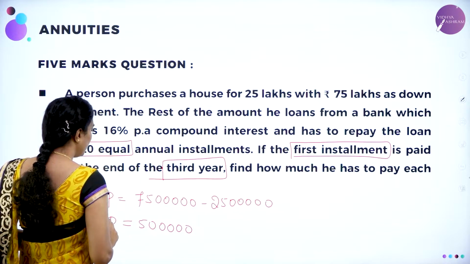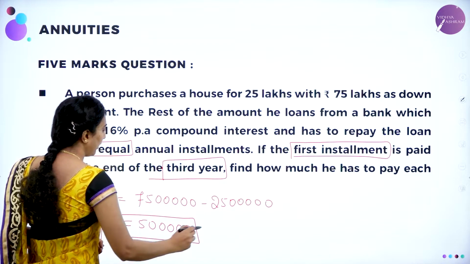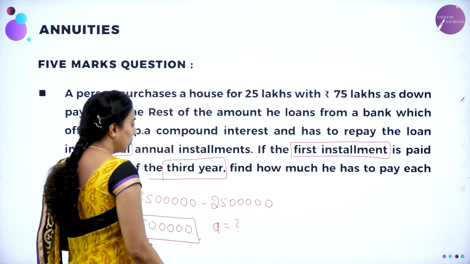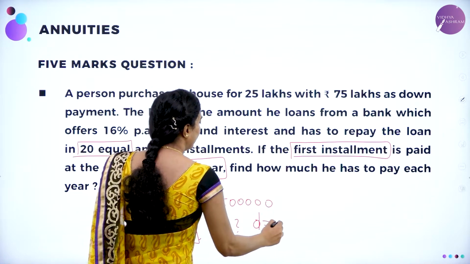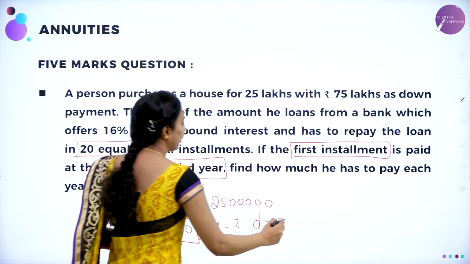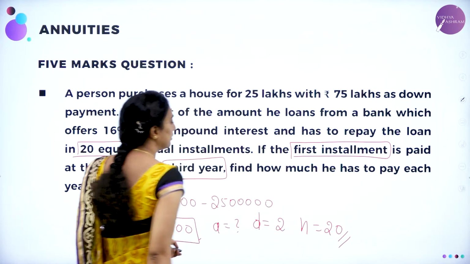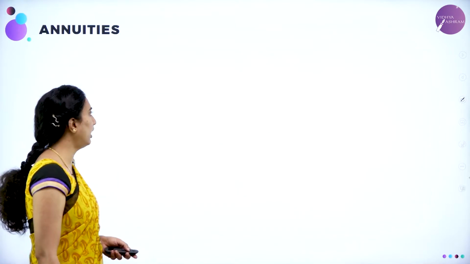So P is equal to 50 lakh, and then the annuity you need to find out. So D, the deferred annuity, is 2 years, and the number of installments N is equal to 20 installments.